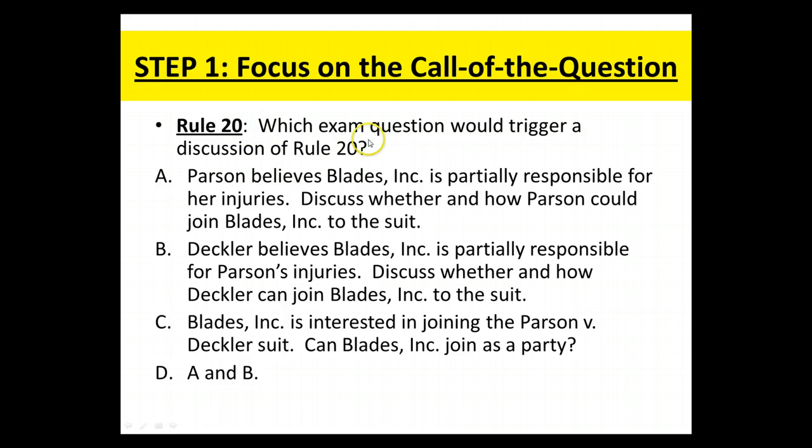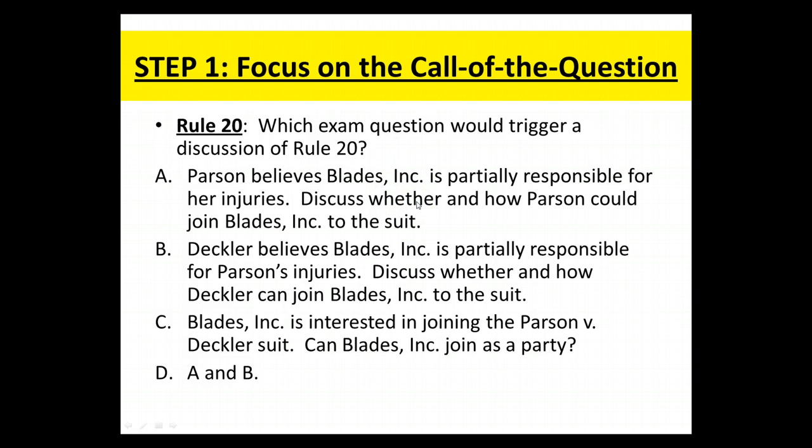Now remember, when you're thinking about the call of the question and trying to issue spot a rule, you're trying to make that first basic cut. Does this rule even come up as a possibility of what I might discuss? What you're not doing at this phase is deciding whether or not the rule actually will help with joinder. In other words, you're just trying to say, does this question trigger the possible discussion of it?